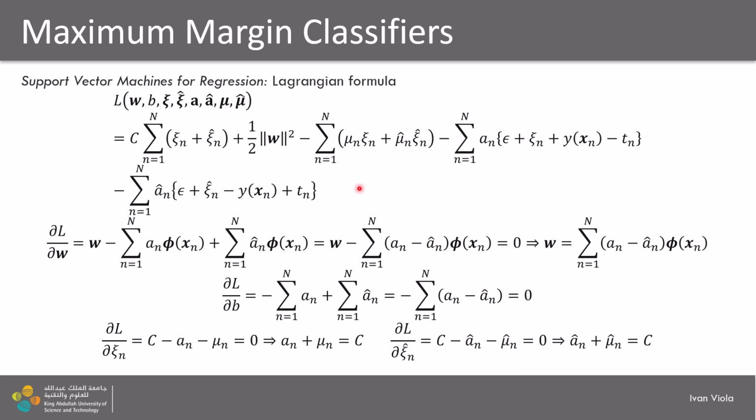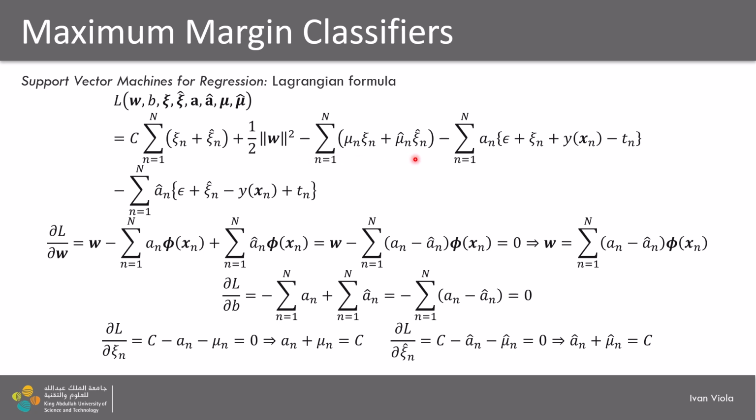So having this, we can formulate our Lagrangian for the minimization for the primal variables. So we have this formulation which we had before, which we want to minimize. And at the same time, we want to ensure that the xi n and xi hat n will be bigger than or equal to 0. So that's this constraint here.